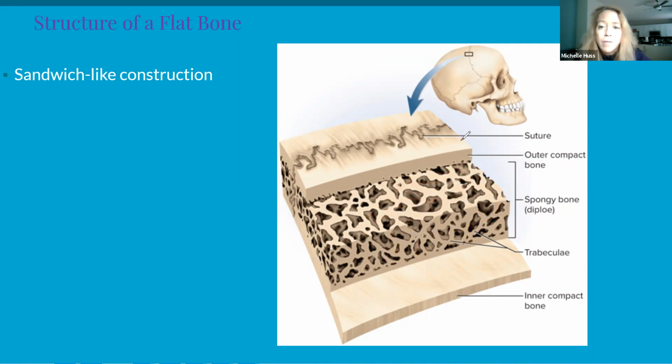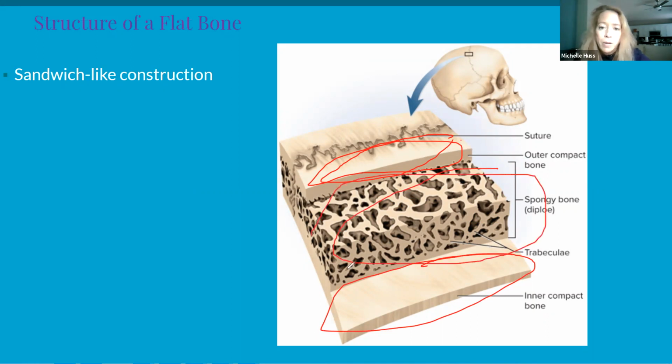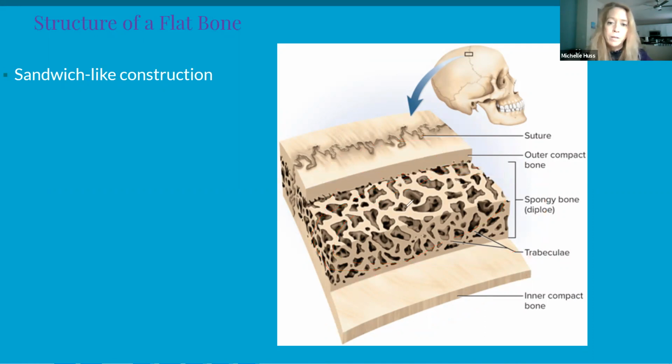On the outsides of this particular bone, you can see, this is a flat bone. You can see that there's a little bit of compact bone on both sides. That's the way flat bones look, okay? So you've got this spongy bone in the center. Between these little trabeculae, there's blood, and it's a specific kind of blood.